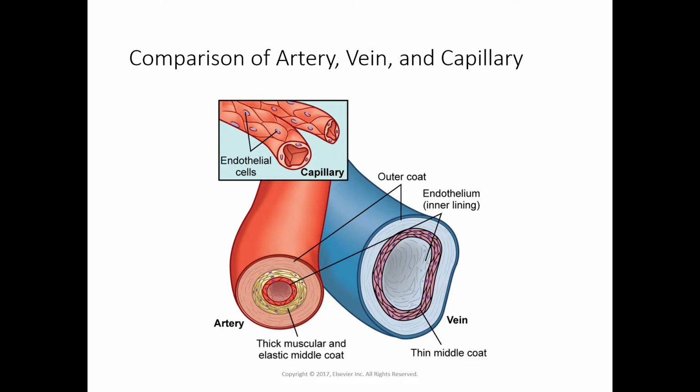And I bring all of this up on this slide because it's at the cellular level that all of these processes are happening, and so it's important to keep this in mind as we move forward.